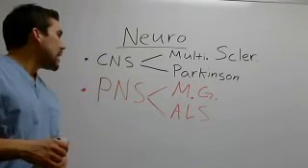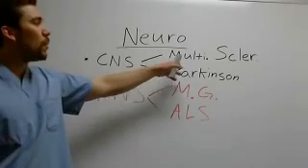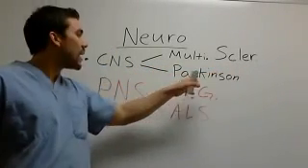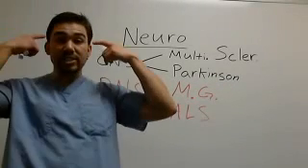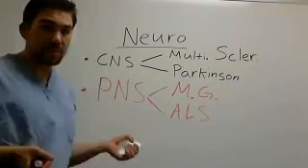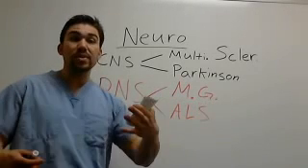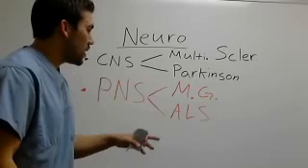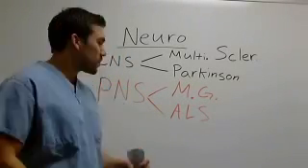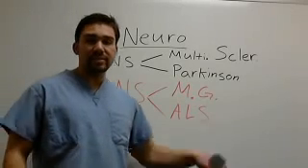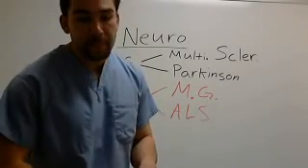So, in your central nervous system, you can develop multiple sclerosis and Parkinson's disease that affect your brain and spinal cord, okay? Your peripheral nervous system, you guys can develop, well, not you guys, but your patients can develop MG, which is myasthenia gravis, and ALS, which is just a fancy word for Lou Gehrig's disease, okay?